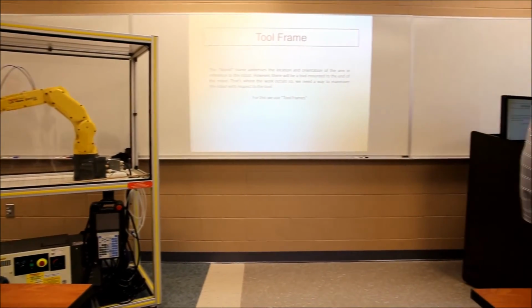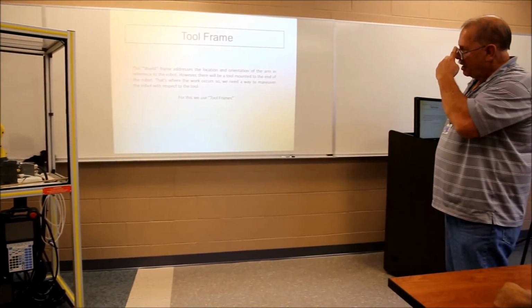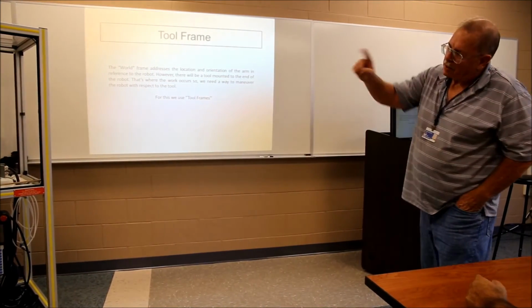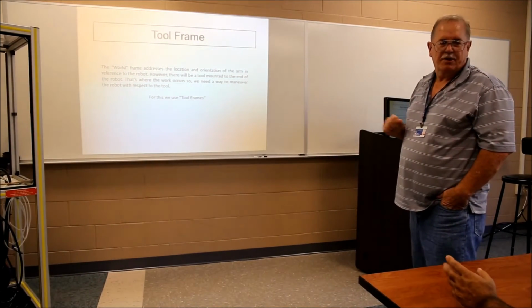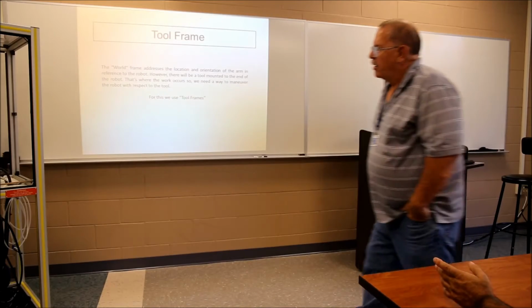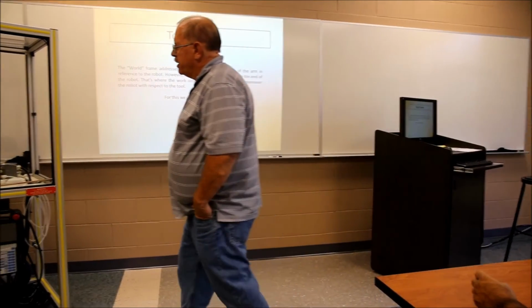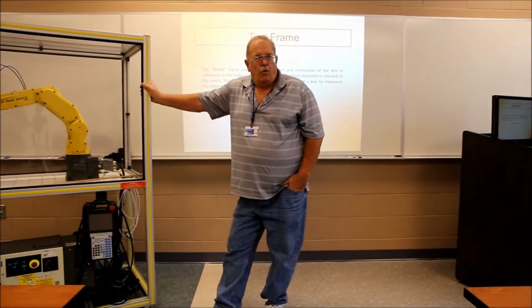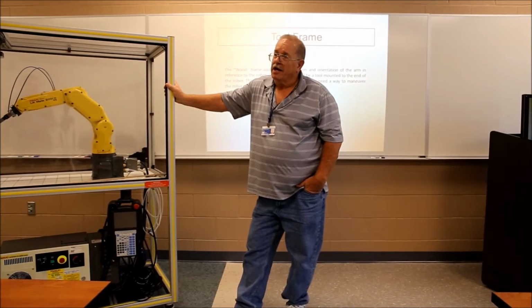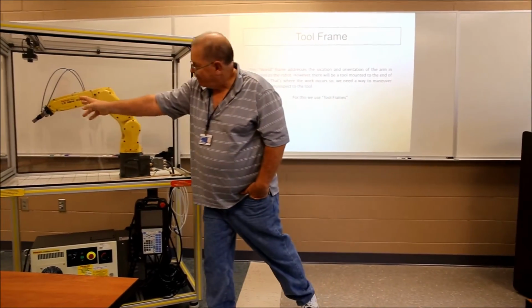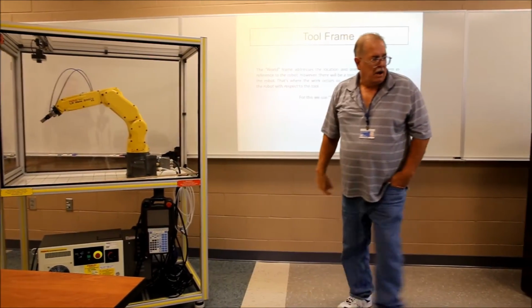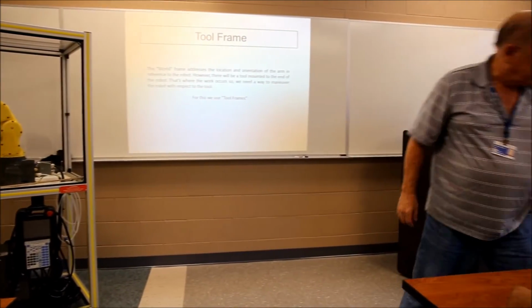Now the robot knows at this point where the end of the arm is. It's got all the geometry, it's got sensors. Typically when we work with a robot, we have a tool of some sort mounted on the end of the robot. The robot arm itself is not doing the work. We have a variety of tools we can use.